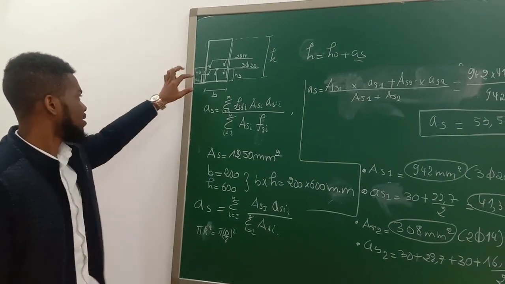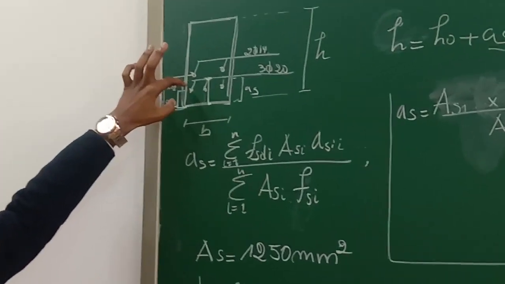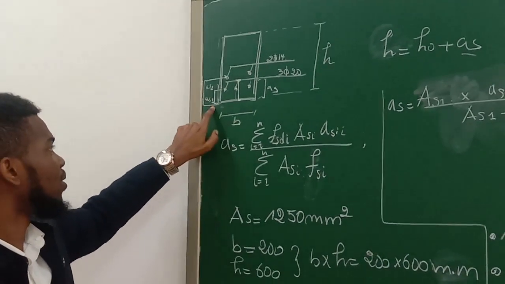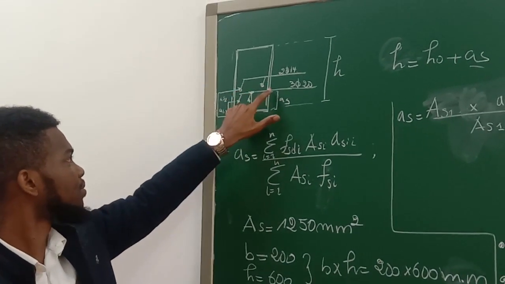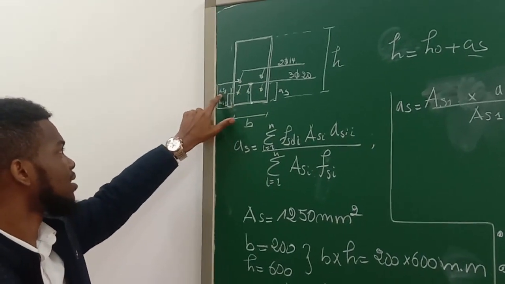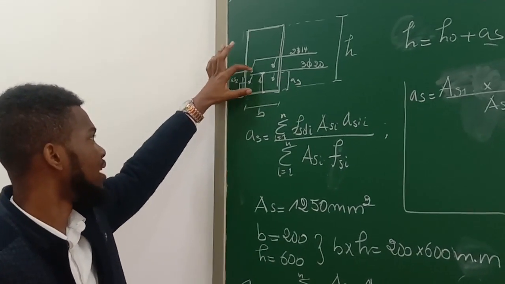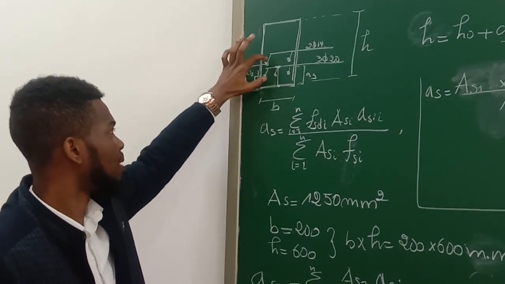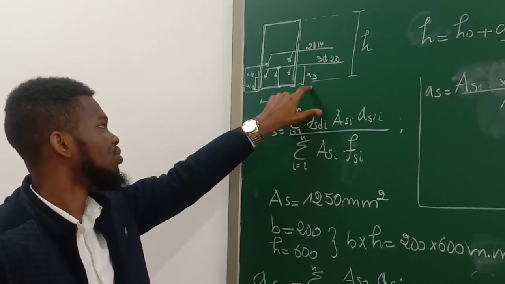So the distance from the middle of the two lines of bar steel to the bottom is what we call AS, and it's what we have to find.